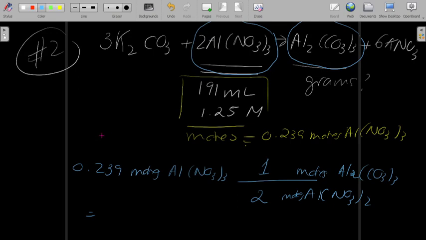And according to the calculations I have done, 0.120 moles of aluminum carbonate can be produced. So I know now that this is 0.120 moles. Okay, let's keep going.